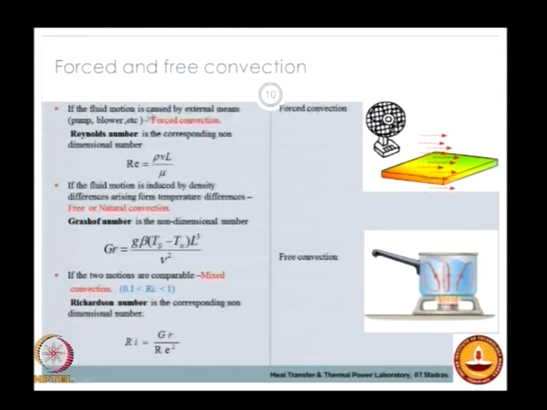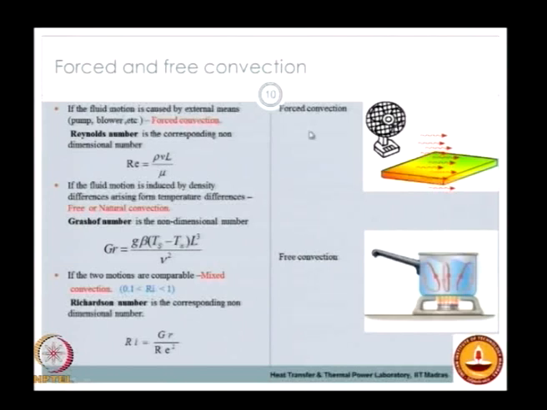Now if you use a large scale pump or a blower, you need substantial pumping power to pump the fluid past the surface, and therefore you need a mechanical aid to drive the convection process. This is called forced convection, where the fluid motion is caused by external means.